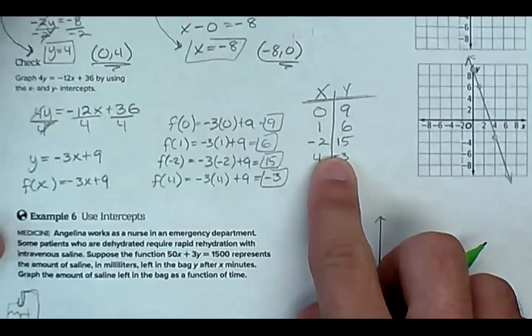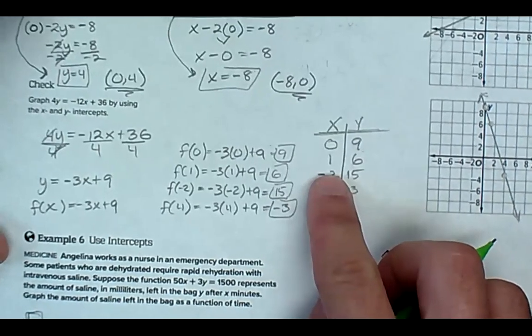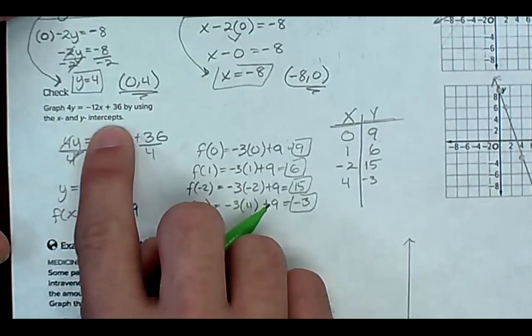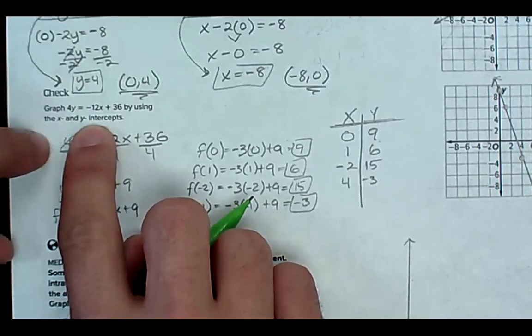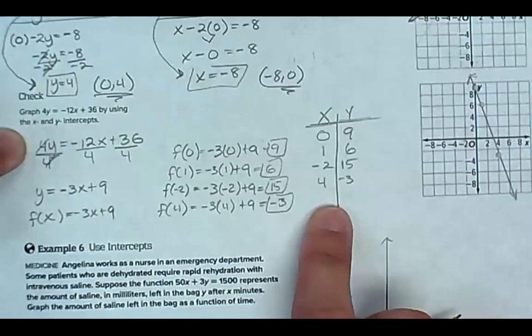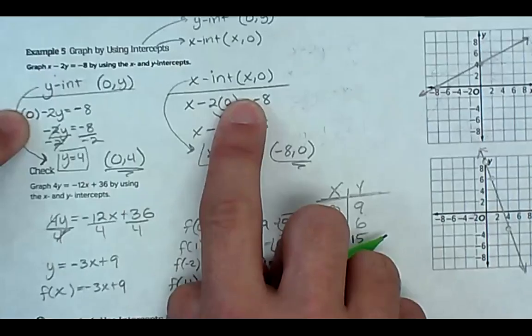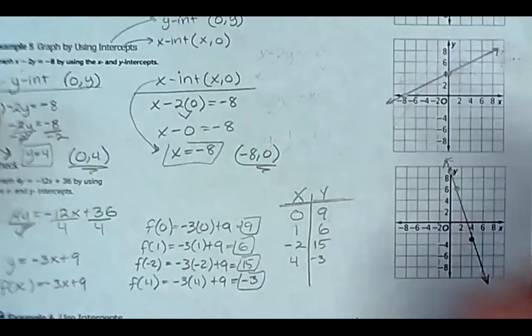And number two, oh my God, you know what? I just shot myself in the foot. This question is doing it with x and y intercepts. So we're going to have to talk about that in a second. That was the second way. So the first way was exactly how I did it here. And the second way was finding your x and y intercepts, plotting them, and then creating a line right through them.